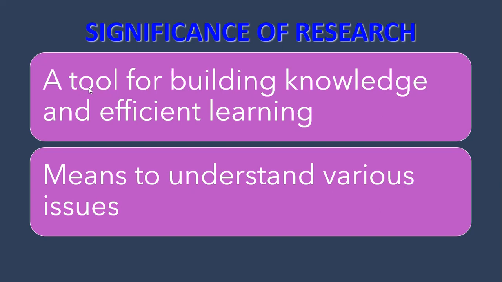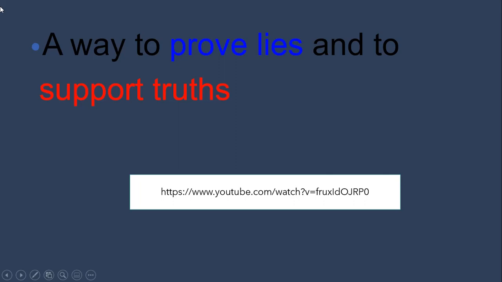In other words, this is your ability to get the issues and understand the issues. So that is number two significance of research. And lastly, a way to prove lies and to support truth. I already discussed that a while ago, that research is to know the truth, and the definition of research tells us that for us to be able to know the truth, we have to do the research.